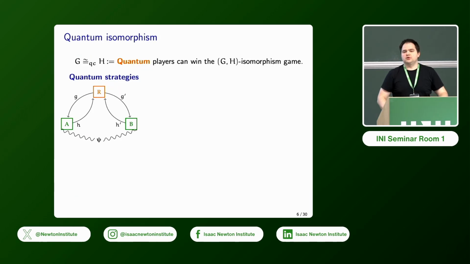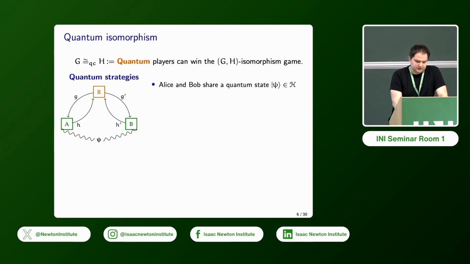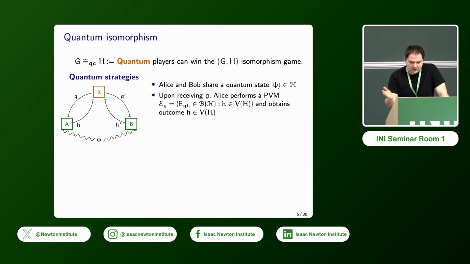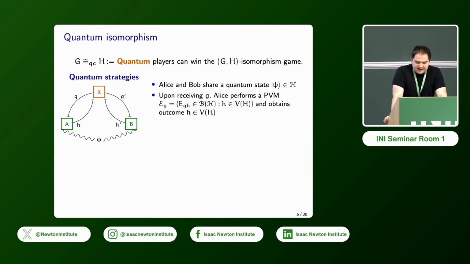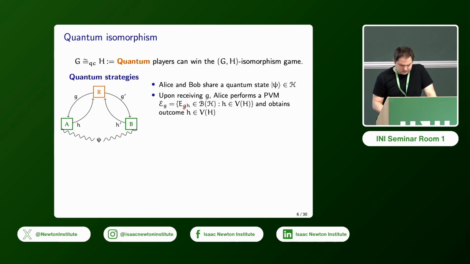Now, quantum isomorphism is defined by letting the players be quantum, letting them use a quantum commuting strategy. Alice and Bob share a quantum state, and when Alice receives the vertex G, she performs a projective valued measurement, and this consists of some matrices, which we'll define precisely a little bit later.